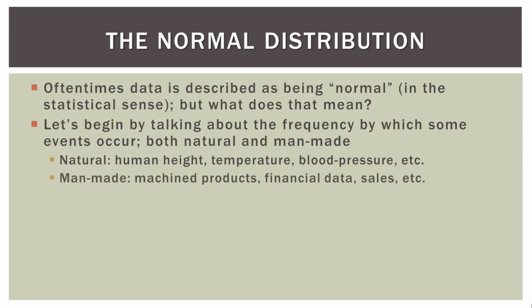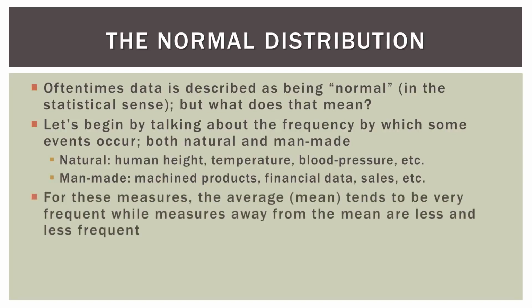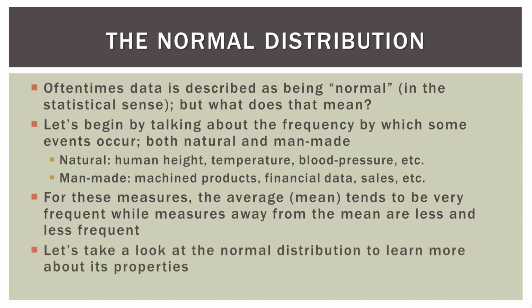Or man-made: machined products, maybe in quality control situations, financial data, sales data, and things like that in business. For these measures, the average or the mean tends to be very frequent, while measures away from the mean are less and less frequent. So the data in these situations tends to clump around the mean.